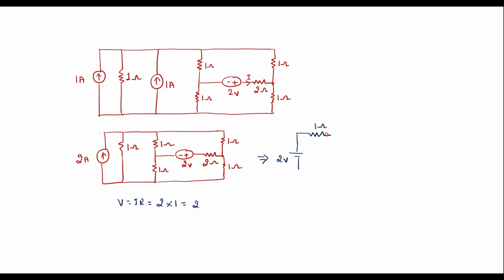Rest of the circuits I will draw as it is. That is, this is 1 ohm and here this is 1 ohm. So now here we have 2 volt voltage source. This is 2 ohm and here we have 1 ohm. This is 1 ohm.